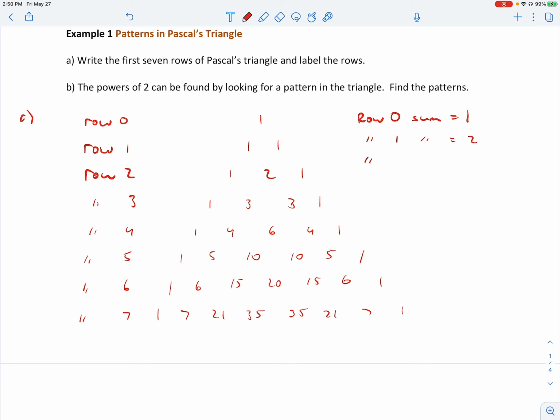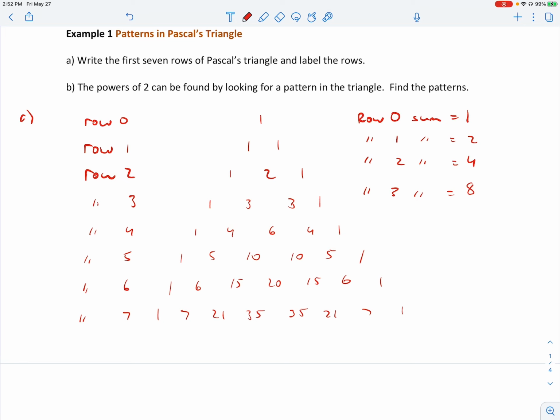You guys get the idea. Second row, they add up to 4. And for row 3, the sum is going to be the sum of these numbers. So 1 and 3 is 4, another 3 is 7, another one is 8. You can see the sum is equal to 8.